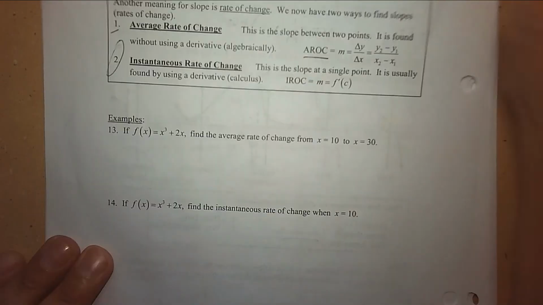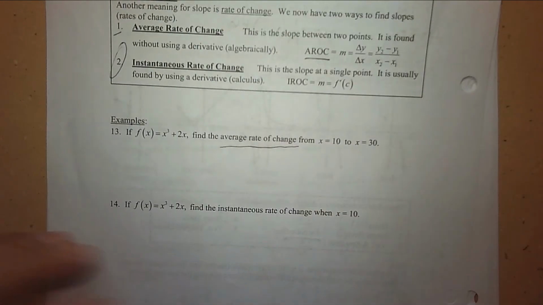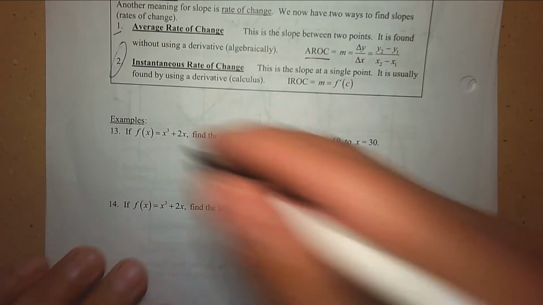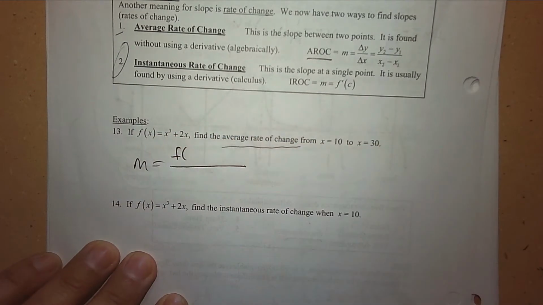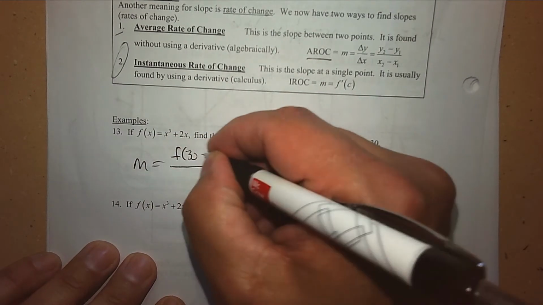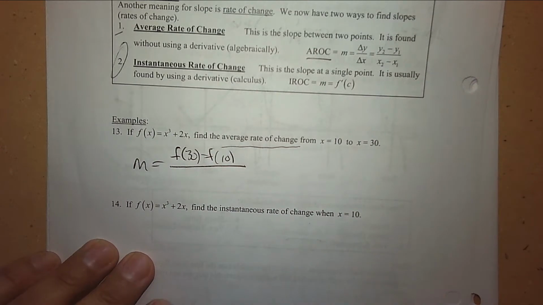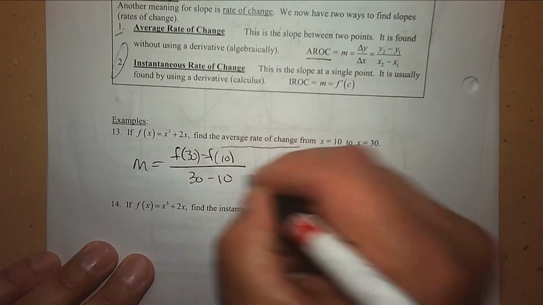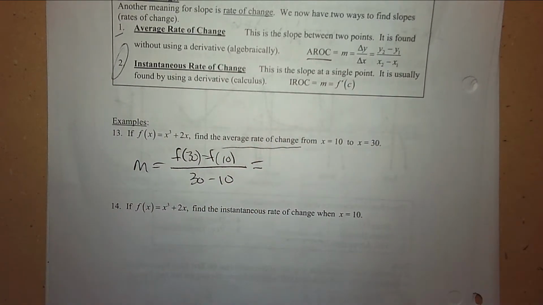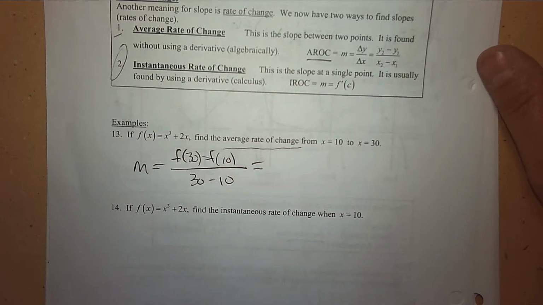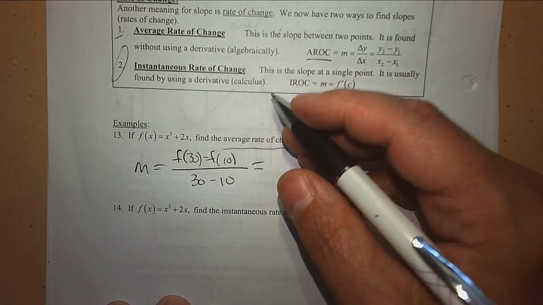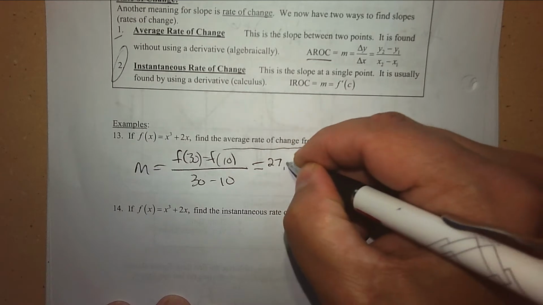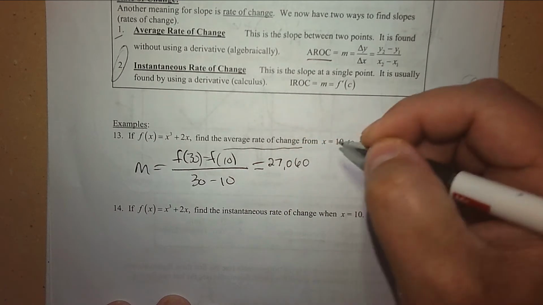So it says find the average rate of change. Algebra or calculus? Good. So that means this. You're finding slope, right? Using 2 points. F at 30 minus F at 10 all over 30 minus 10, right? Algebra, slope, not calculus. If you plug in 30, I'll just do it for you. If you plug in 30, it's 27,060, right? Because it's 30 cubed.